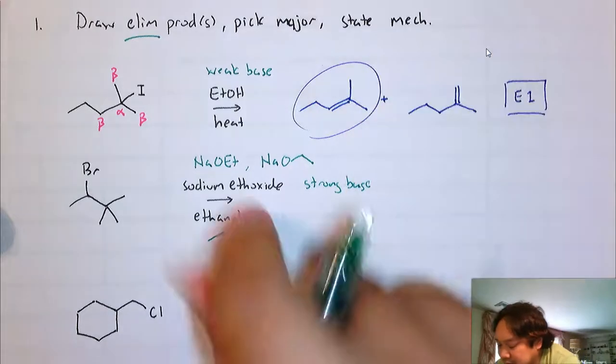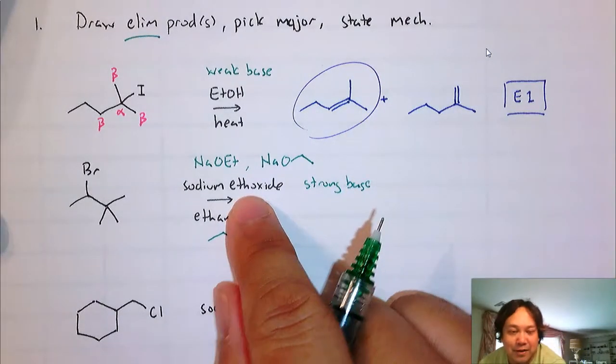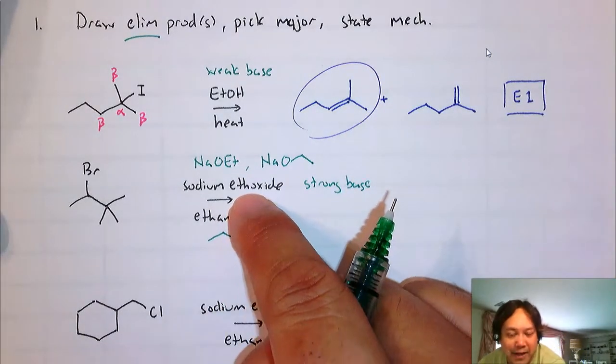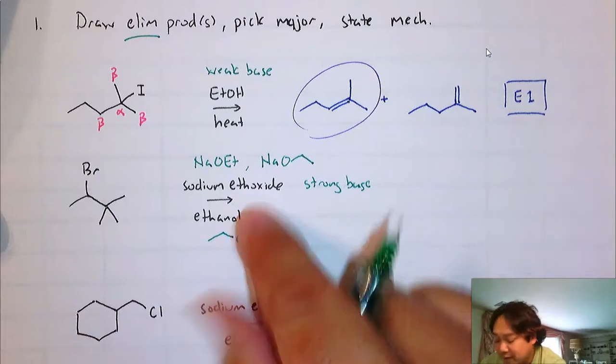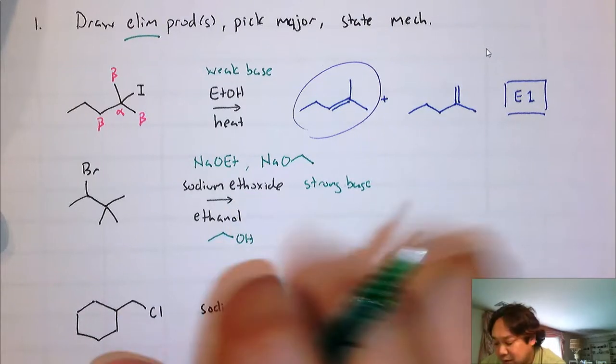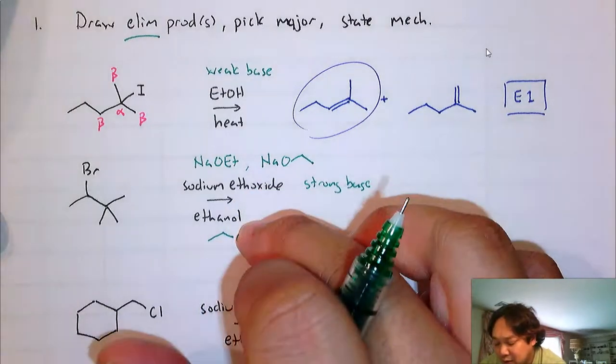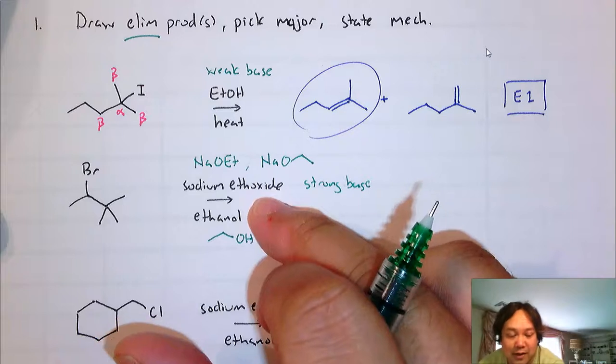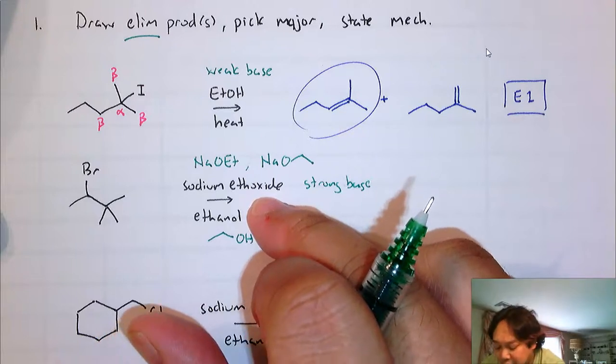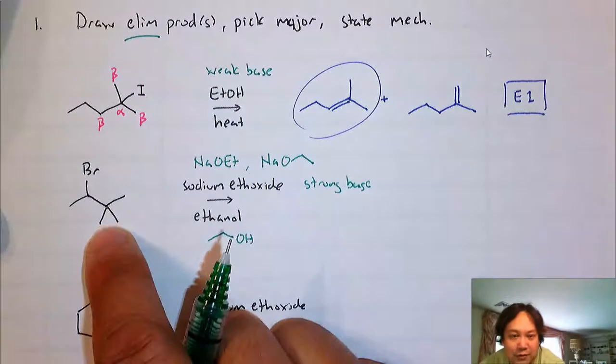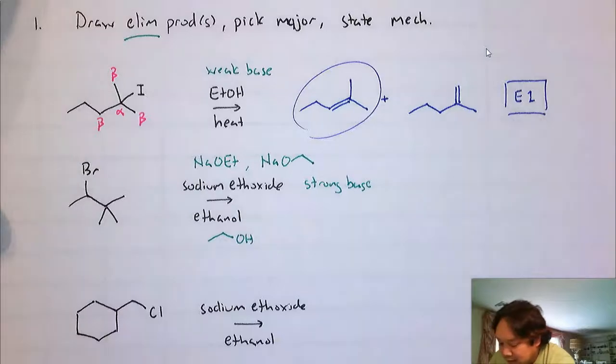I'm using this molecule as a base not because it's written on top. I'm using this as the base because it's a stronger base than ethanol. So when you're given both of these, you go with the one that's stronger, and then that will determine whether you're doing E1 or E2.